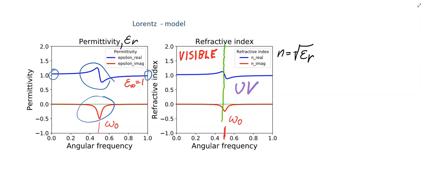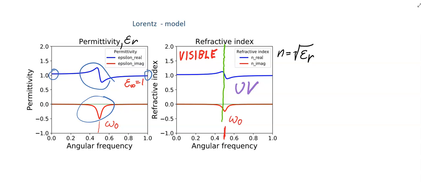The corresponding refractive index is the square root of the relative permittivity. Its shape is very similar, as you can observe. If we think about solid materials, we know that their atomic resonances often take place at the ultraviolet wavelength range.